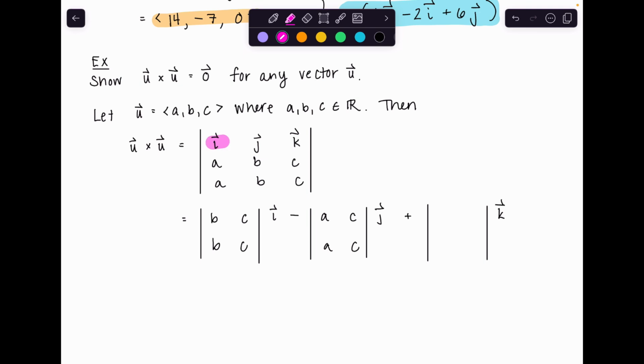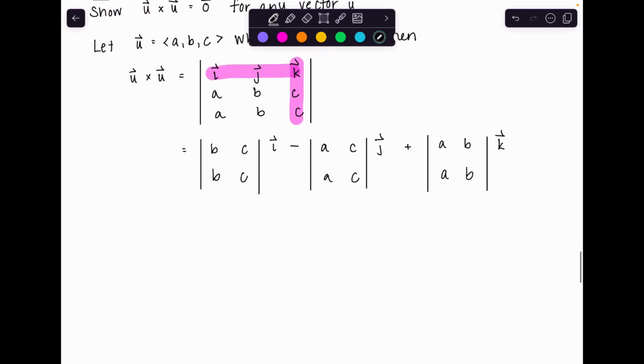And then finally, ignoring the first and third, leaves me with ab, ab. And so I'll show you here how we can just immediately jump into the vectors. So I'm going to give myself lots of space. And remember that this middle term is going to have to be negative.